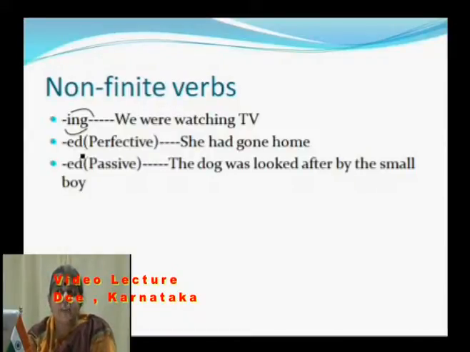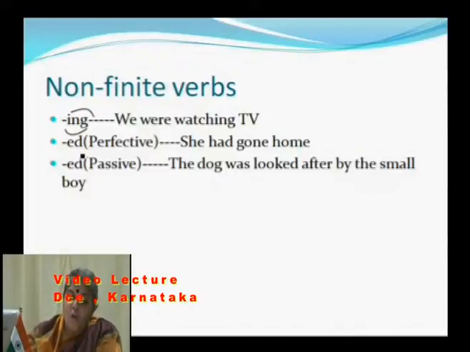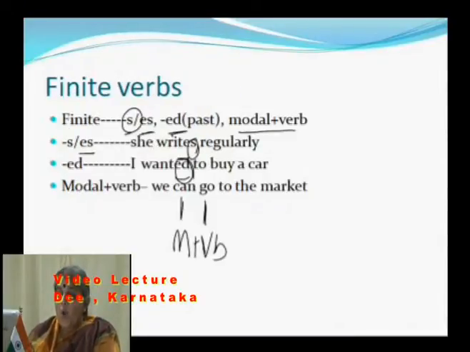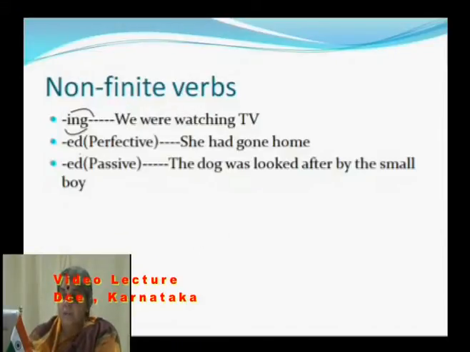So, what is the difference between a finite and a non-finite verb? There, in the finite verb, the ed form was taken by what? By past tense, only past tense. Here, the ed form is taken by the perfective aspect.